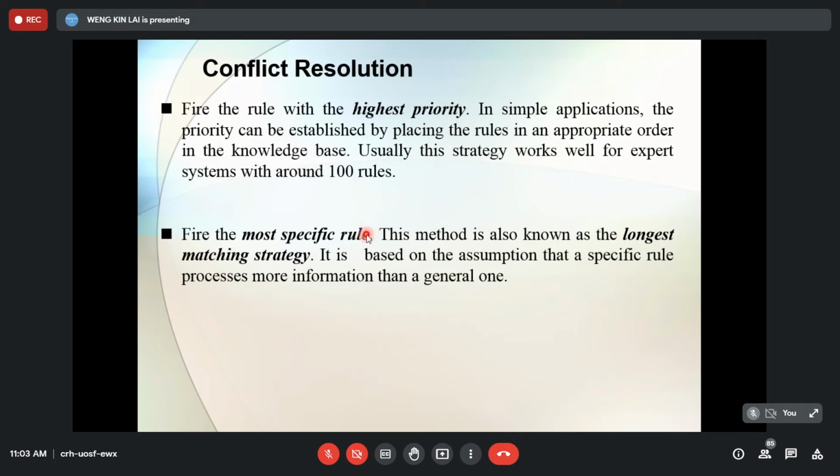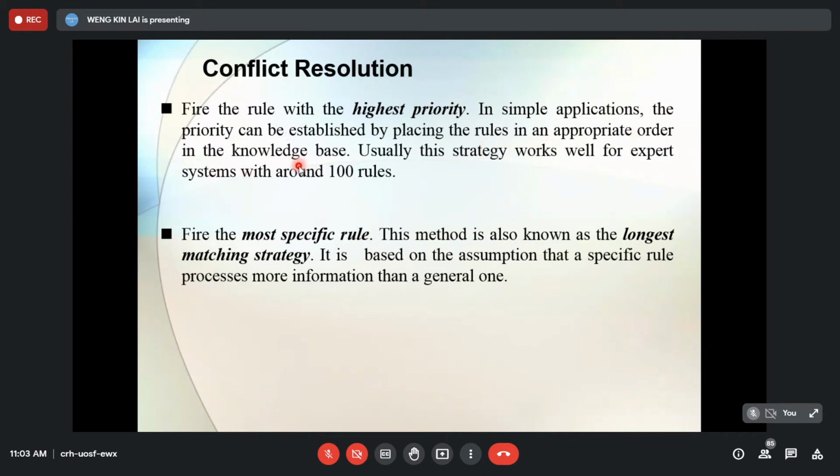Of course, there are many ways, as usual. The first way is to fire the rule with the highest priority. In some of the simpler applications, the priority can be established by placing the rules in an appropriate order in your knowledge base.